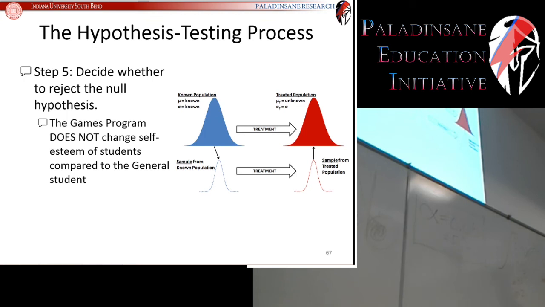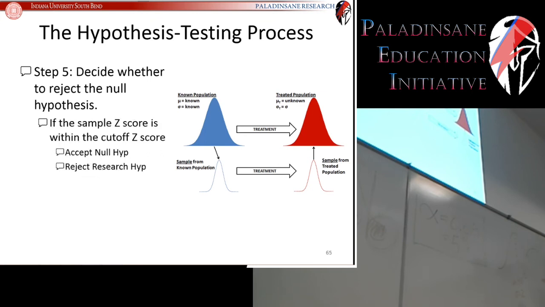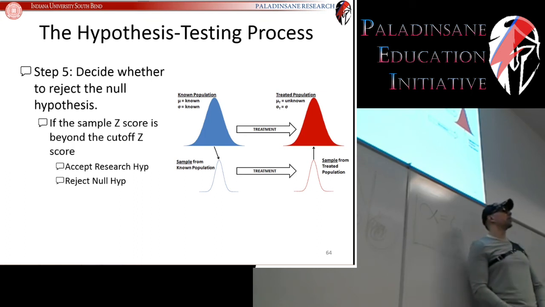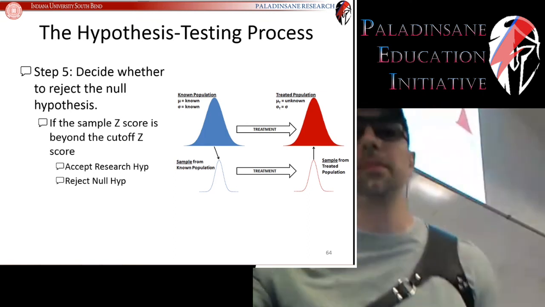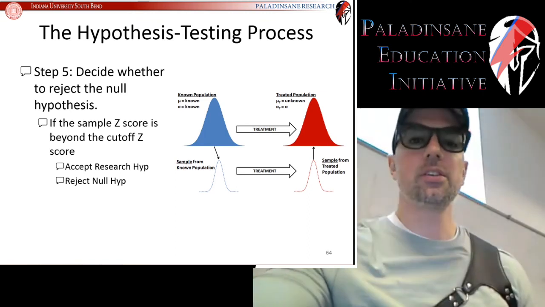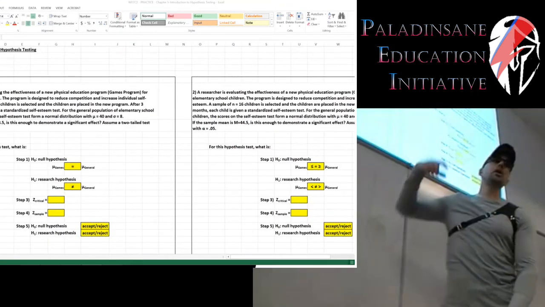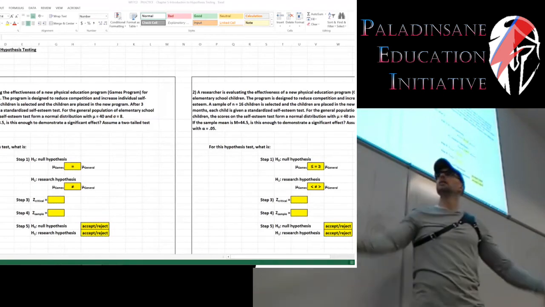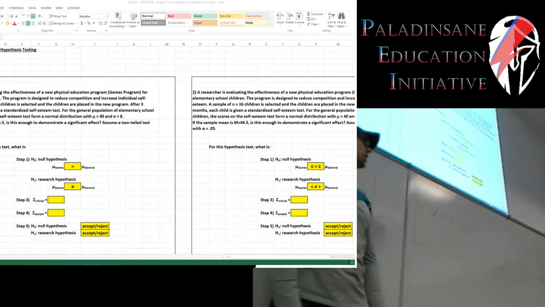One thing that I'll mention before we go on, these two slides here, where they tell you what to do depending upon where your sample is. These are two very, very, very important slides, because I have seen students fill in their Excel sheet and they do the null hypothesis, 100% correct. And they do the critical Z, so step 3, those are your cutoff scores, those are your lines in the sand.